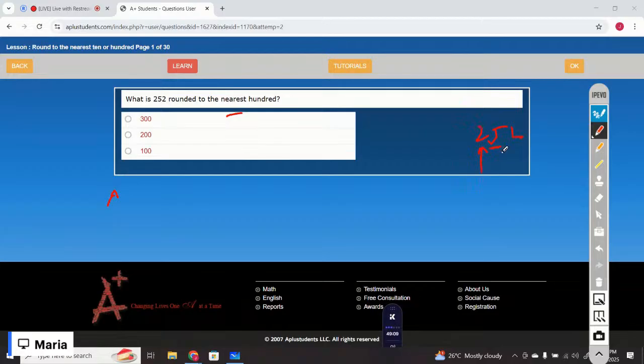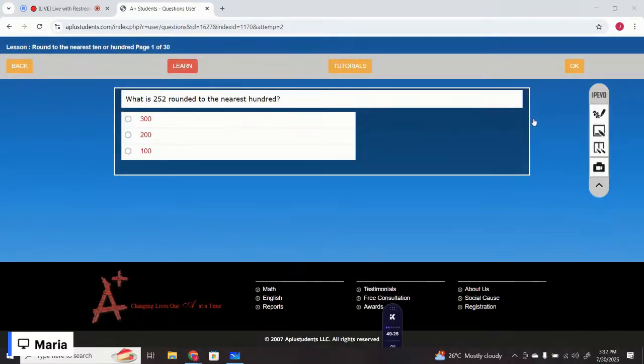On the right hand side of the 2, we have 5. And 5 is equal to 5. So you need to round up, right? Add 1 to the hundreds place and replace the other digits with 0. So it would be rounded to 300. 300 it is.